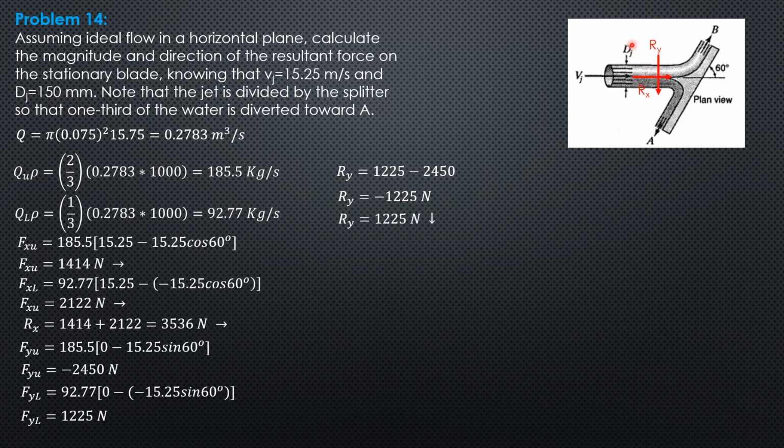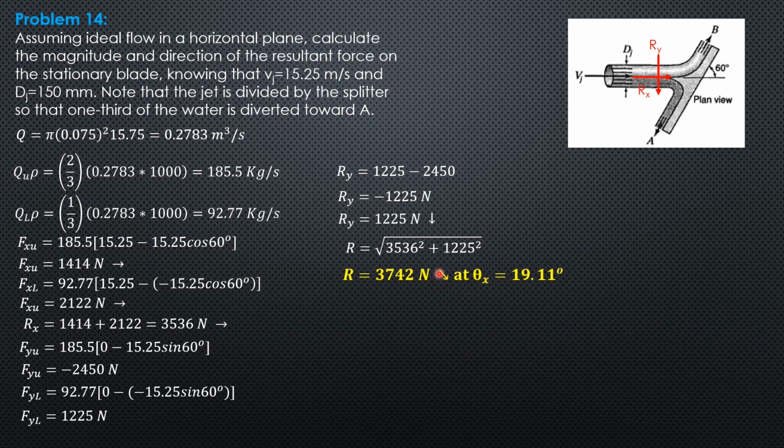Therefore, the resultant force on the stationary plate, the resultant force due to the water impinging on this stationary splitter, is down to the right, with a magnitude of square root of 3536 squared plus 1225 squared. So it is 3742 newtons.